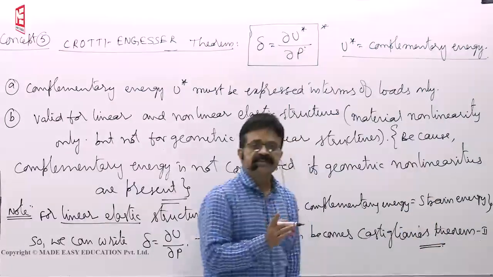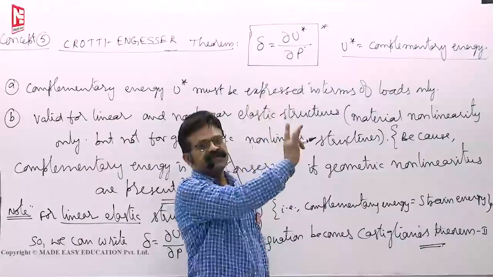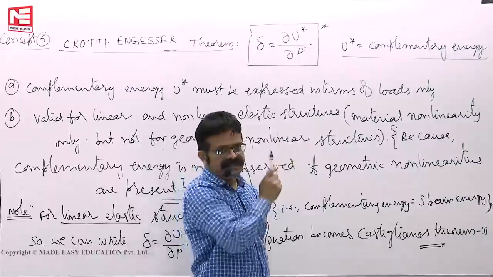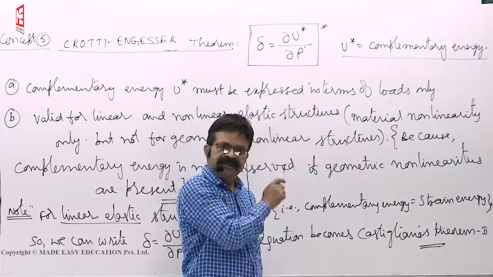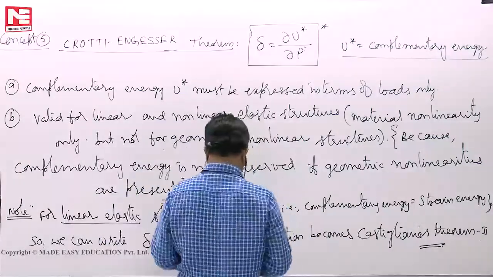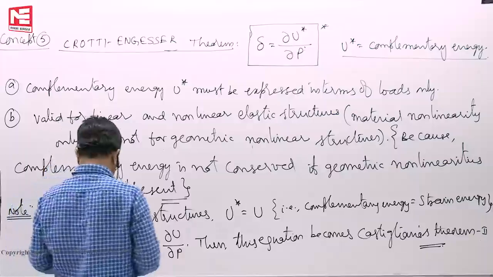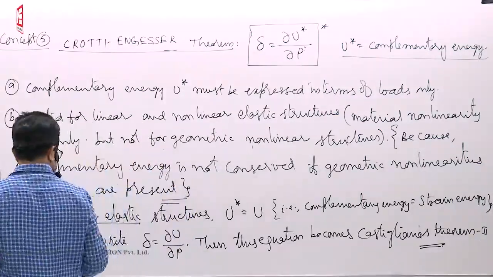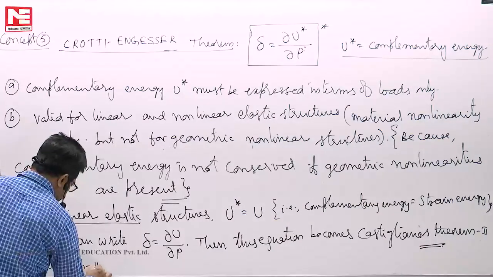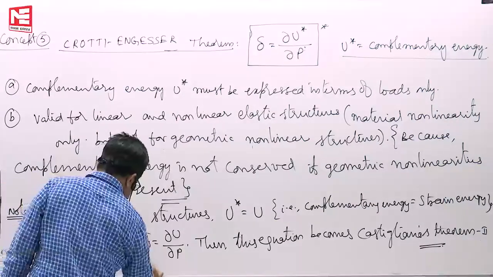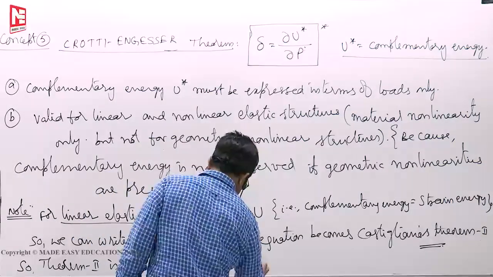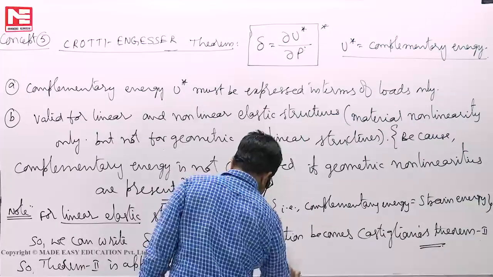That means Castigliano's theorem 2 is a particular case of the Crotti-Engesser theorem. Crotti-Engesser theorem is applicable to linear and nonlinear structures. If it is applied to linear elastic structures, it is the same as Castigliano's theorem 2. So theorem 2 is applicable to linear elastic structures only.